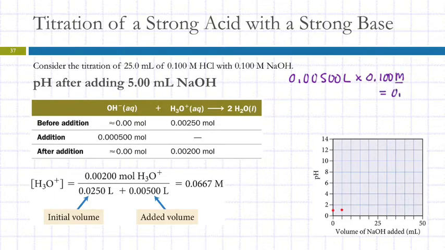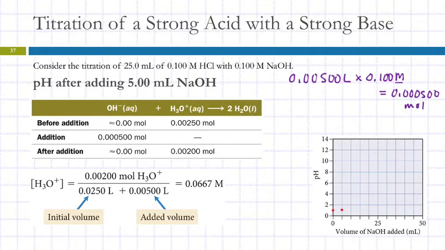So it's going to give us 0.000500 moles of sodium hydroxide. We started with 0.0025 moles of hydronium ion. We're adding this many moles of hydroxide ion. So that's going to react with an equal number of moles of hydronium ion, and so we're going to end up with 0.00200 moles of hydronium ion.